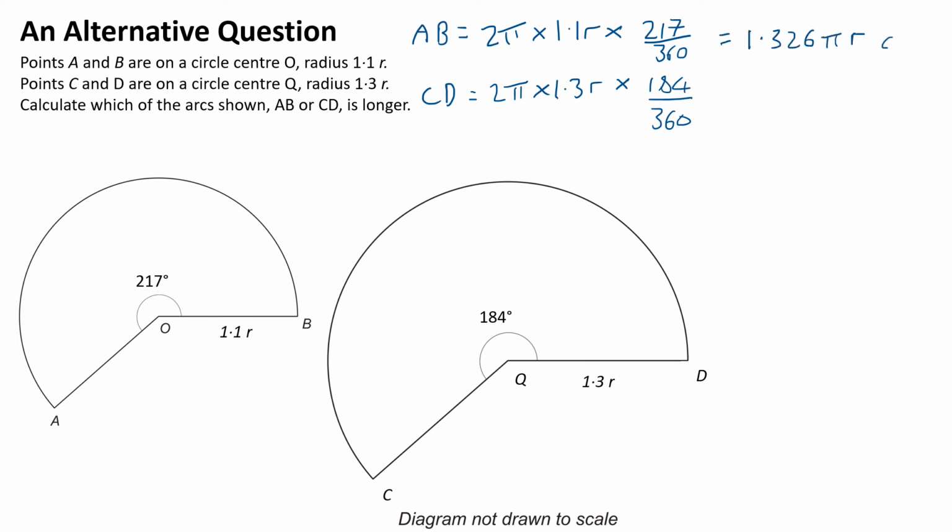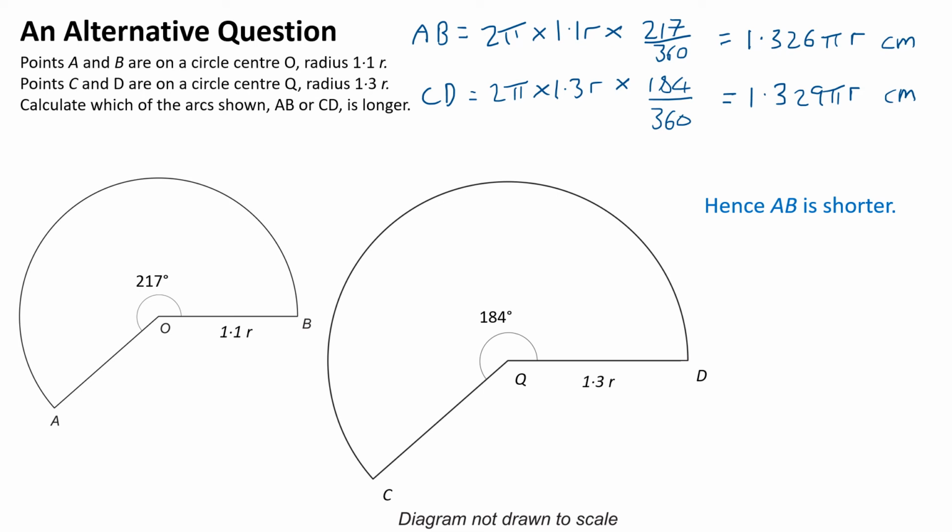Calculating both using our calculator, we get 1.326 pi r centimetres for AB and 1.329 pi r centimetres for CD. So we can see that CD is longer, or equivalently AB is the shorter. So we've answered that.